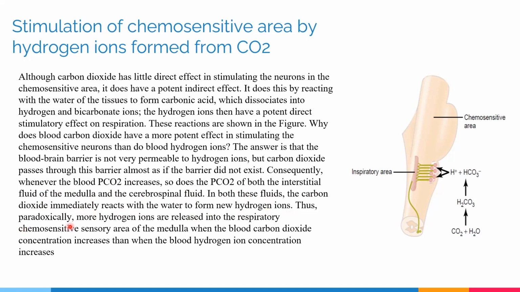Thus, paradoxically, more hydrogen ions are released into the respiratory chemosensitive area of the medulla when the blood carbon dioxide concentration increases than when blood hydrogen ion concentration increases. Thus, the entire process is dependent on changes in blood carbon dioxide level rather than hydrogen ion, even though the chemosensitive area reacts much better to stimulation by changes in hydrogen ion.